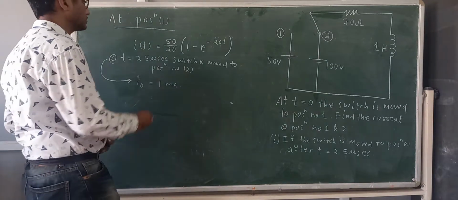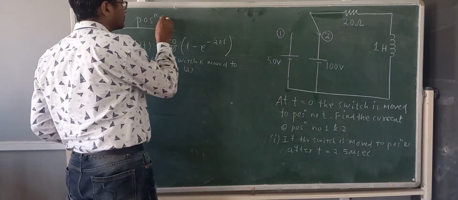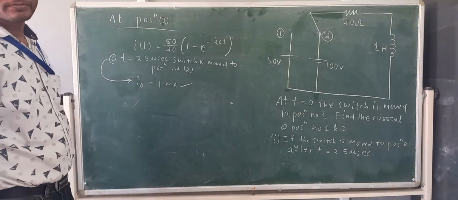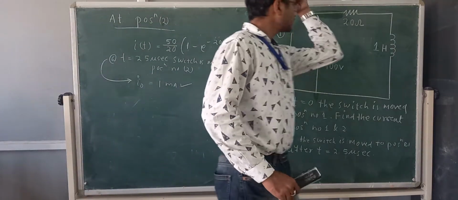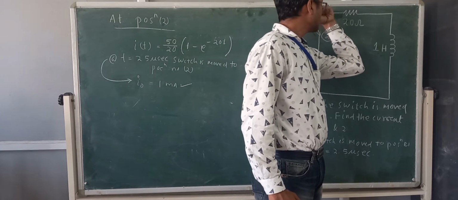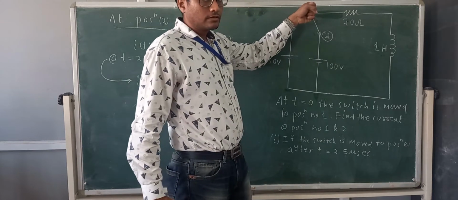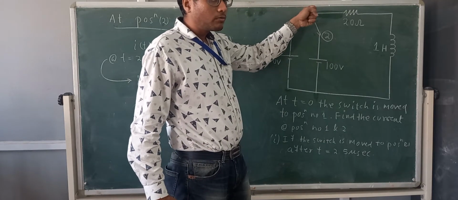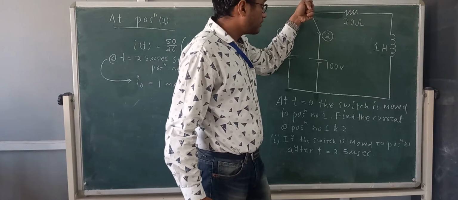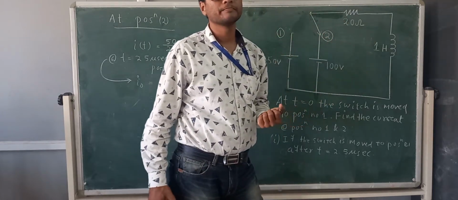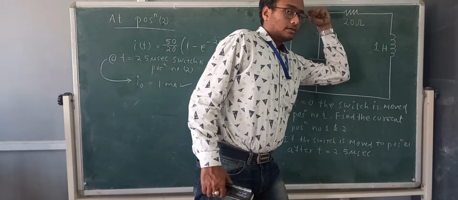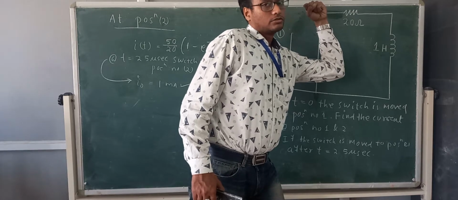So when the switch is at position number 2, what was the initial current flowing through the inductor? 1 milliampere. Previously it was connected to 1. When it was connected to 1, what was the time stamp where it was disconnected from 1 and connected to 2? 2.5 microseconds.